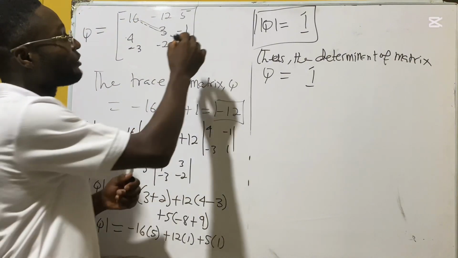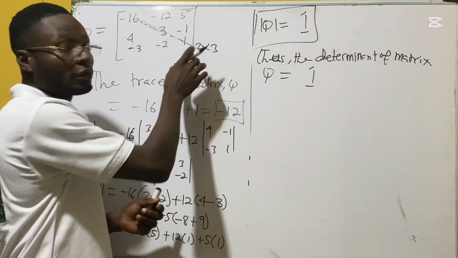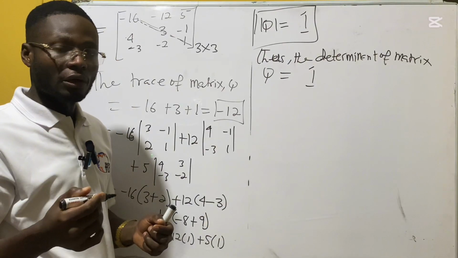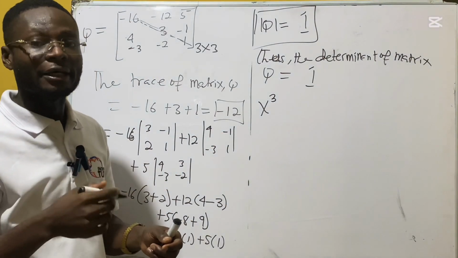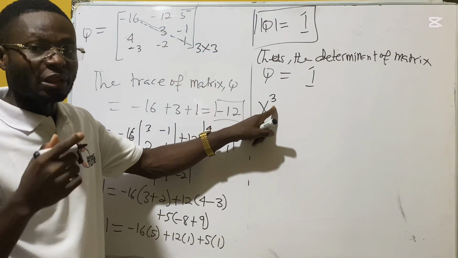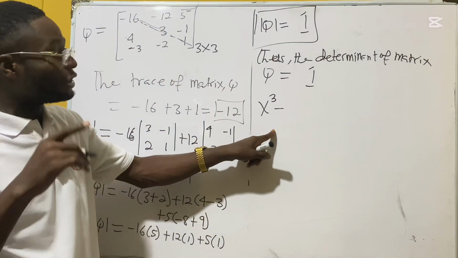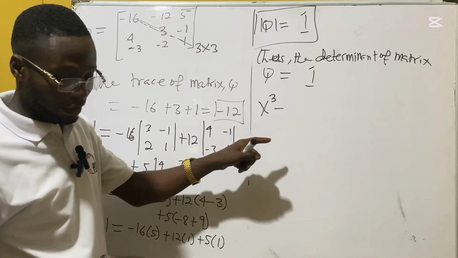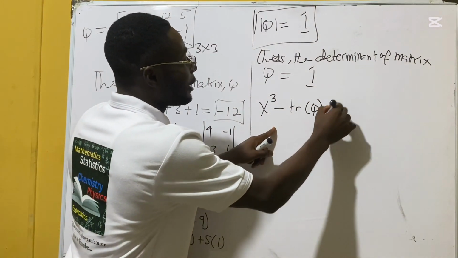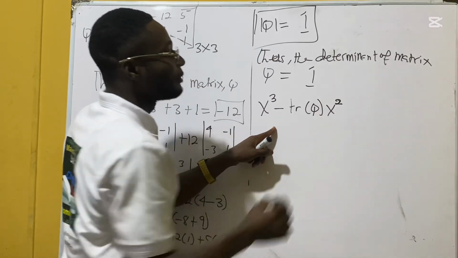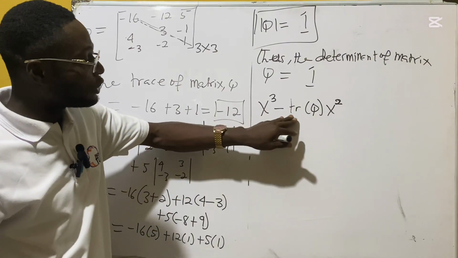This is a 3 by 3 matrix, so the degree should be 3: s cubed minus the trace of Q, and that becomes the coefficient of s squared.